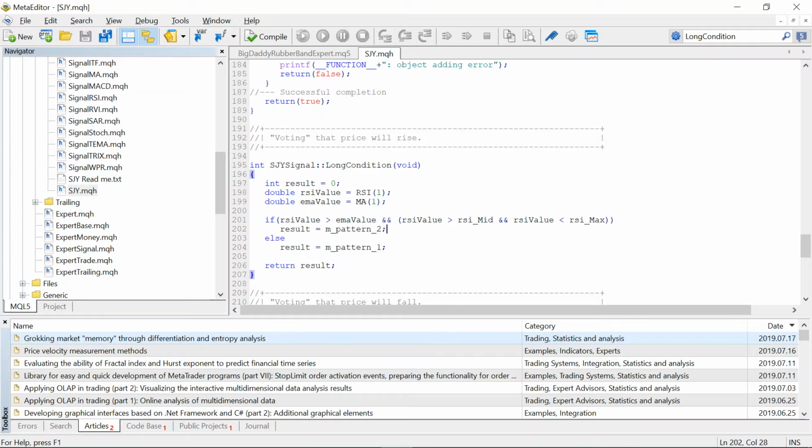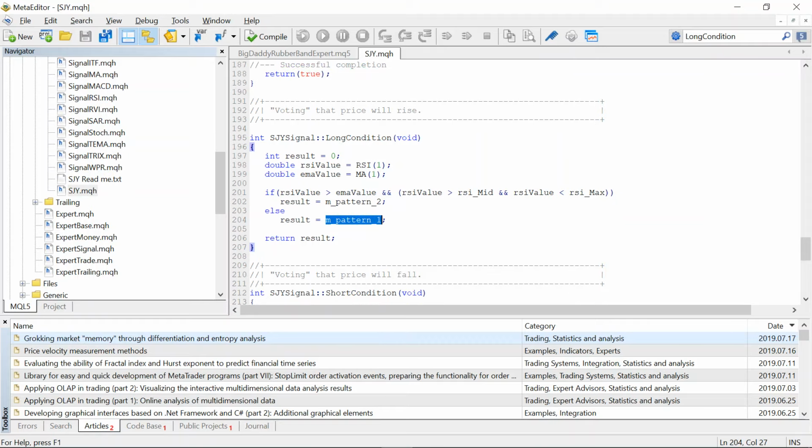To open a long position, a buy position, you first check the RSI value and make sure that it is greater than the exponential moving average value. And if that RSI value is also greater than the mid, which is 50, and less than the max, so if it's between 50 and 70, then let's open a long position.